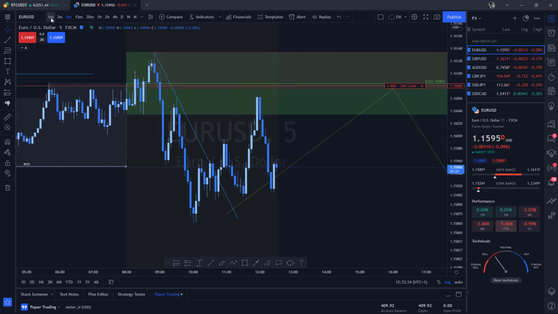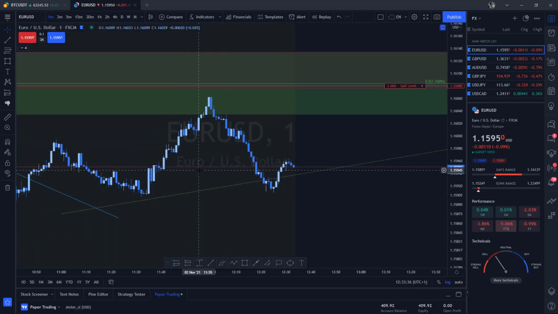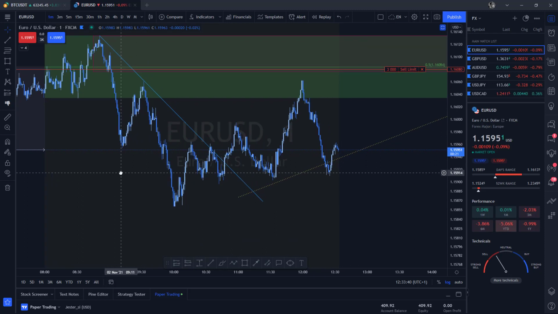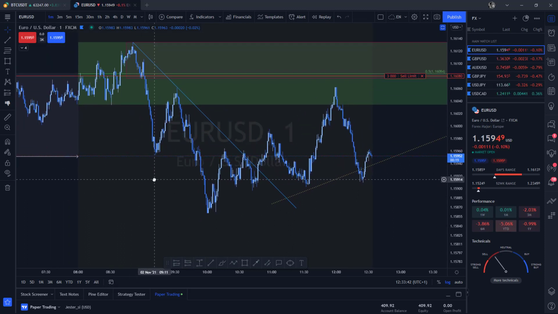Now, if we switch to the 1 minute, the interesting thing about how the price is delivered, this was a trend line on the down action.